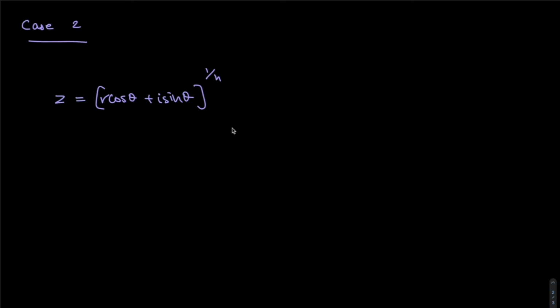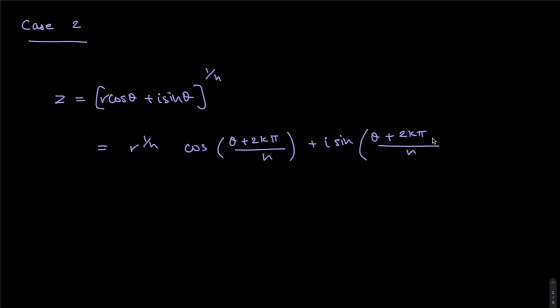The way we can find the roots is, we take out the modulus, r to the 1 by n, and then we do cosine of theta plus 2k pi all upon n, plus i sine of theta plus 2k pi all upon n. And I'm going to put this in square brackets just to differentiate it, right?